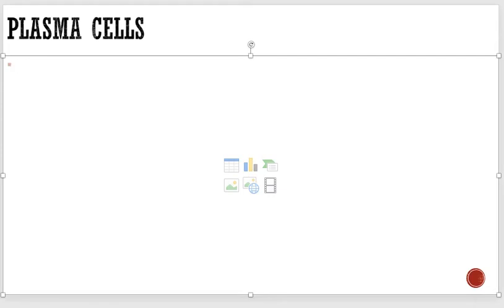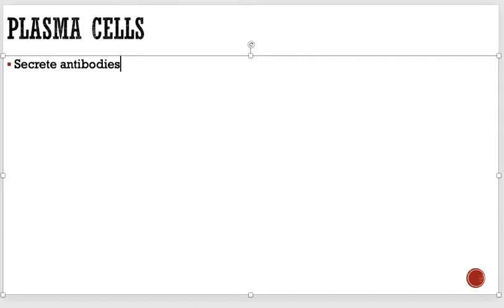Their main function is to secrete antibodies. And when the body secretes antibodies, it is in response to antigens. And what are antigens? Antigens are those parts which are present on different viruses, bacteria.